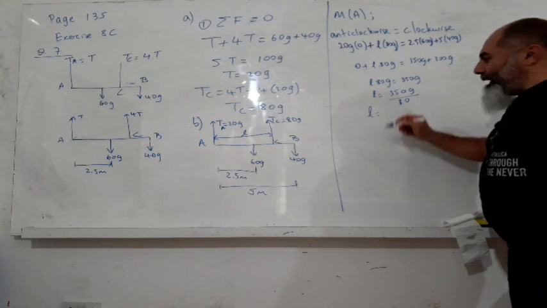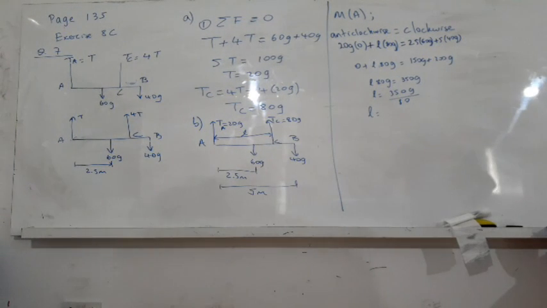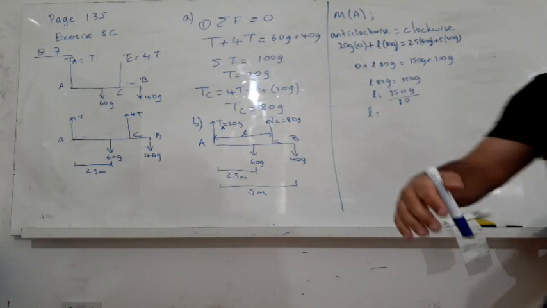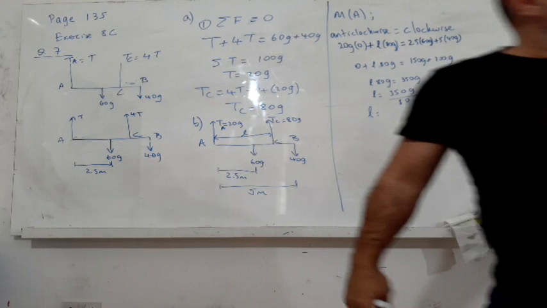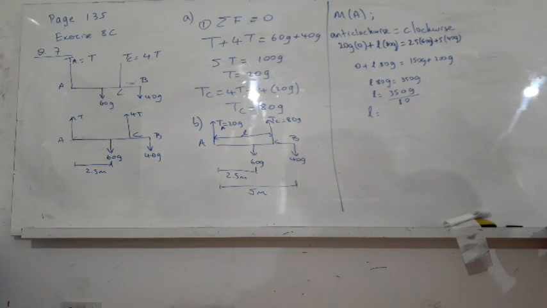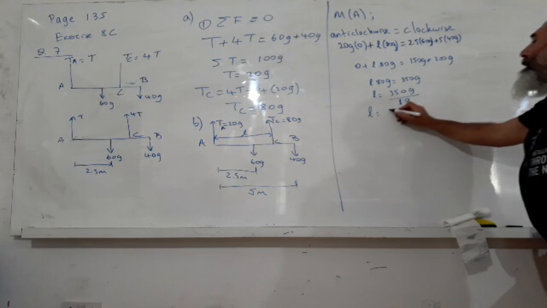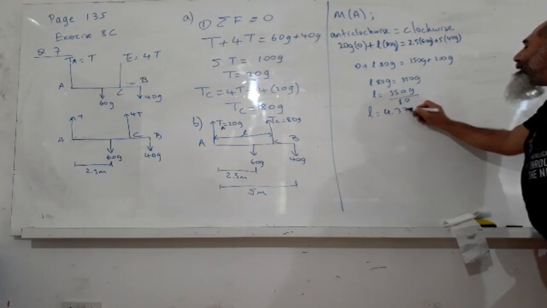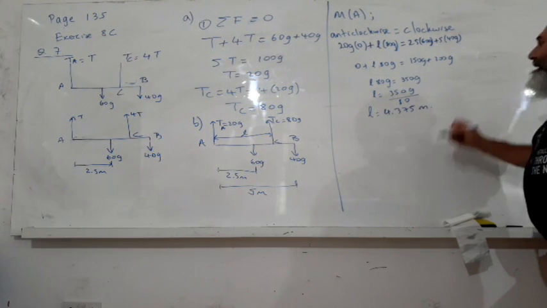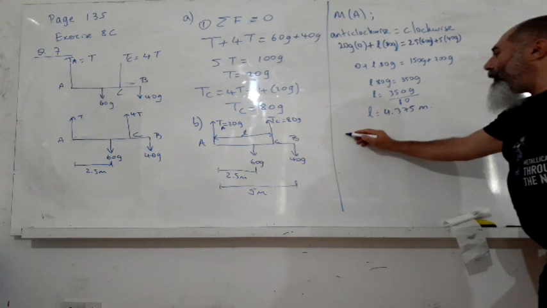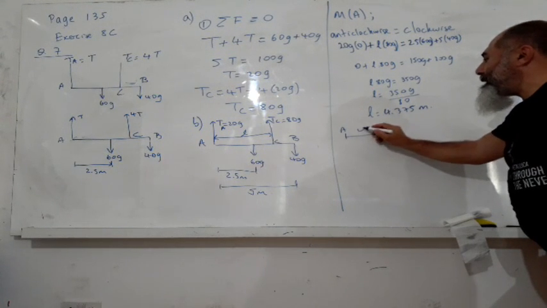L is 4.375 meters. So from A to C, it is 4.375.